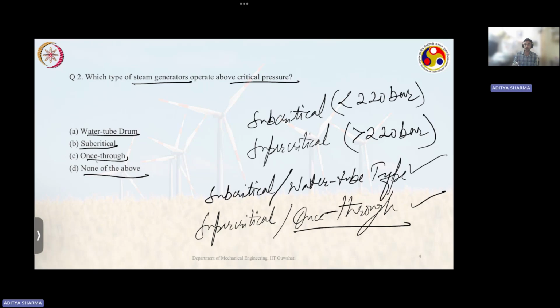That is why we are calling it once through. So that is your supercritical. So if you see the question and the options, option C comes out to be the correct option.